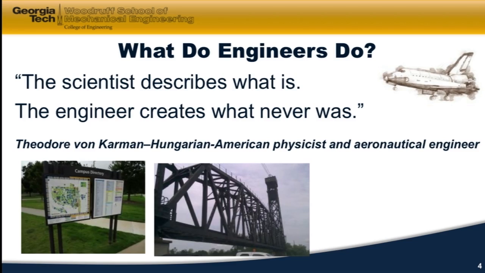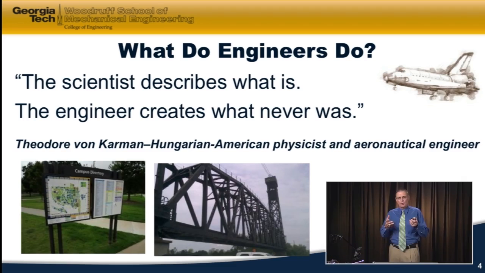This is a sign that I've taken outside my office here at Georgia Tech. Or here's a truss bridge, a railroad truss bridge, and this is the type of bridge that we'll be able to analyze as a result of this course. Or maybe even as complicated as the space shuttle. These are all systems that are analyzed by engineers, and by successfully completing this course, you'll have a good understanding of basic engineering.